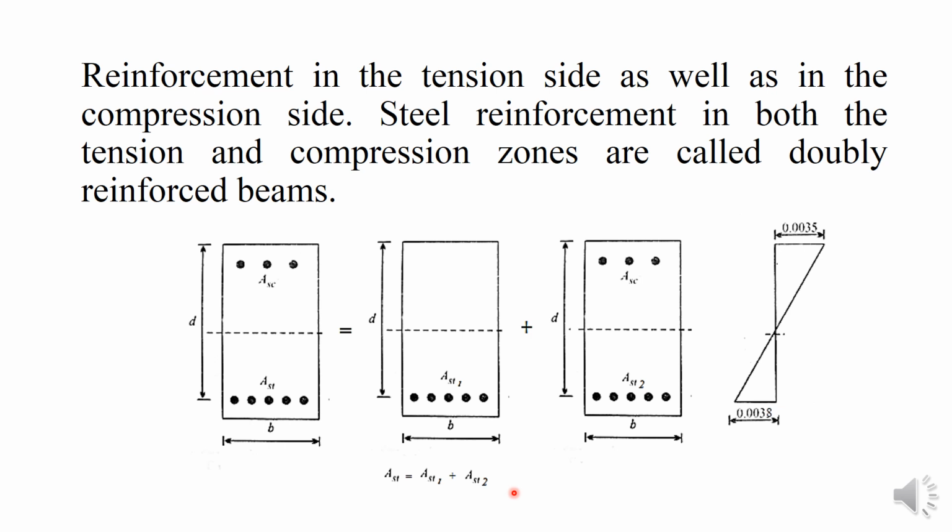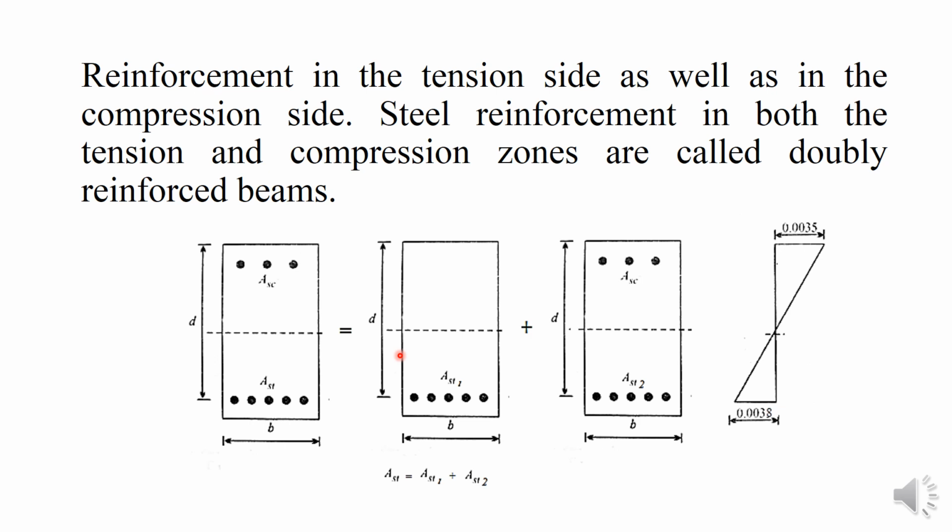We can say that the beam has a singly reinforced section portion, that is, the moment of resistance if we consider it as a singly reinforced section. Only the tension side reinforcement will be provided. Therefore, I can say this portion of steel is AST1.